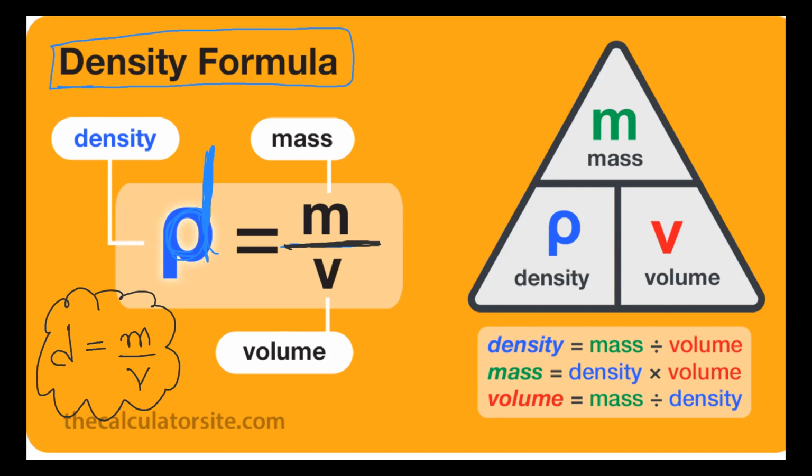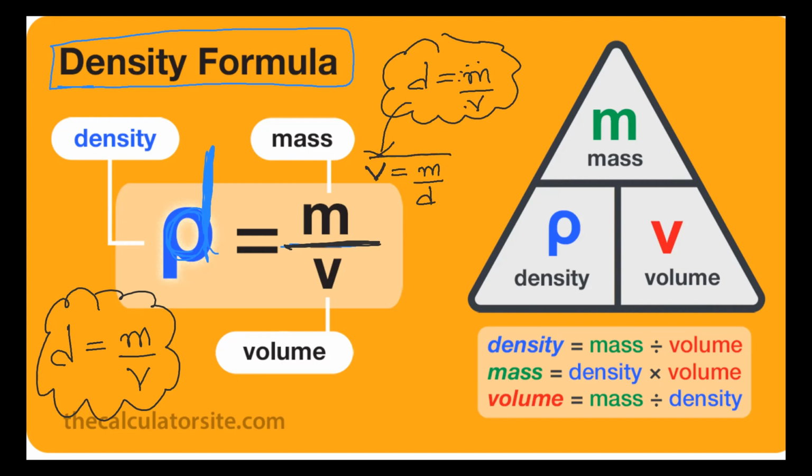And if density is equal to mass by volume, then we can manipulate this equation and rewrite it. If I want to make volume the subject, this volume will go up, density will come down, mass will remain as it is, so volume becomes mass by density. This becomes one more formula.